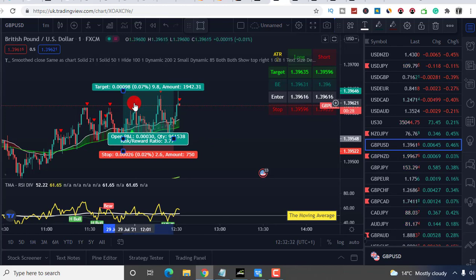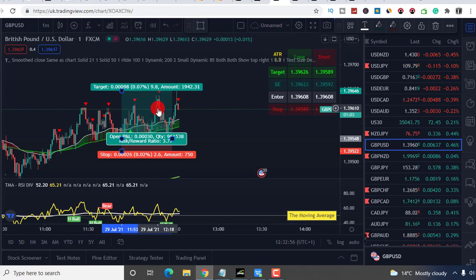So again, each candlestick is 1 minute. 1, 2, 3, 4, 5, 6, 7, 8, 9, 10, 11, 12, 13, 14, 15, 16, 17, 18, 19, 20, 21, 22, 23, 24, 25, 26, 27, 28, 29, 30, 31, 32, 33, 34, 35, 36, 37, 38, 39, 40, 41.